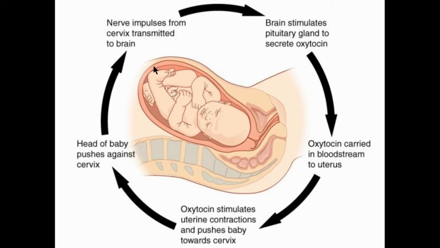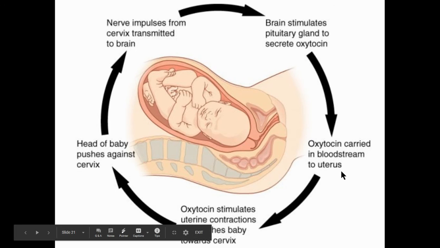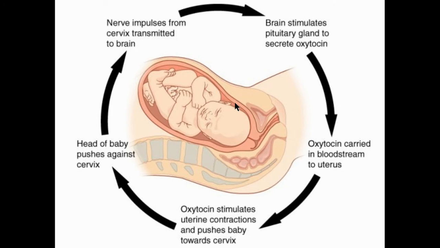So this pink thing right here, this is the uterus. It's a giant muscle. And then the oxytocin is going to stimulate uterine contractions and push the baby towards the cervix. So this muscle right here is going to contract and push the baby this way. It's going to open up the cervix, and it's going to push the baby.